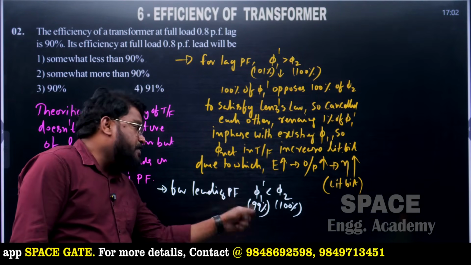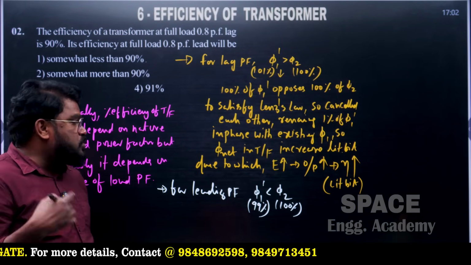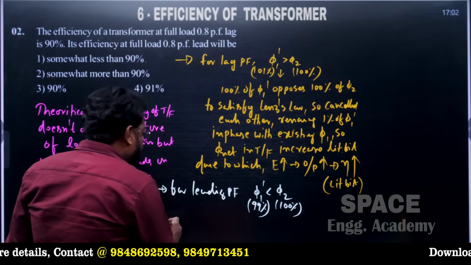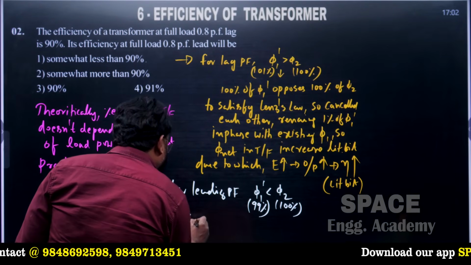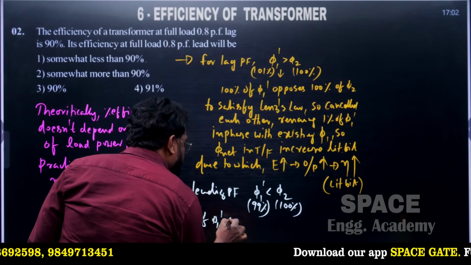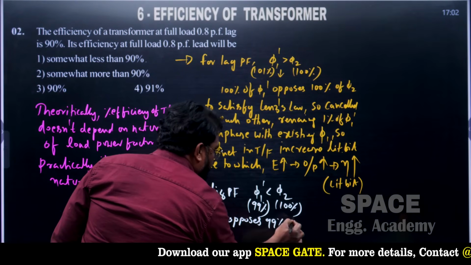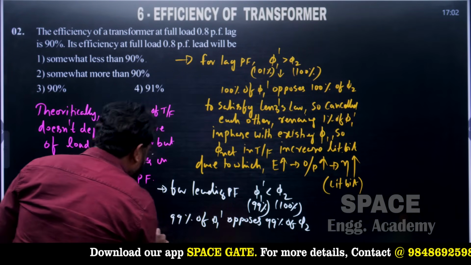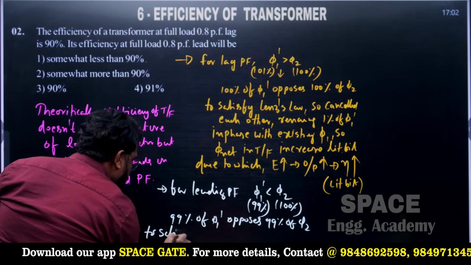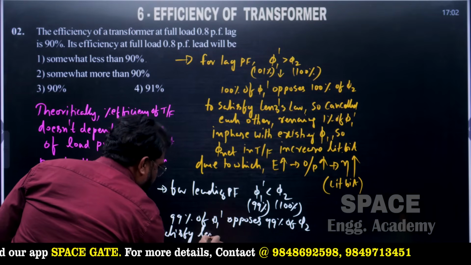How much does phi 1 dash oppose phi 2? 99% of phi 1 dash opposes 99% of phi 2 to satisfy Lenz's law.